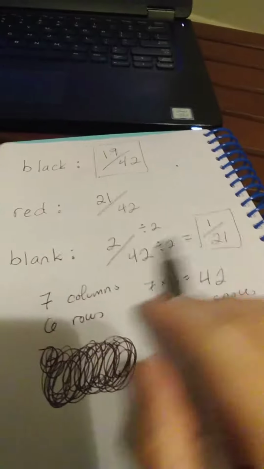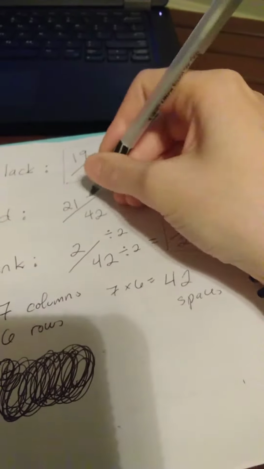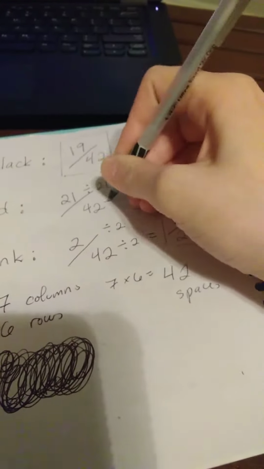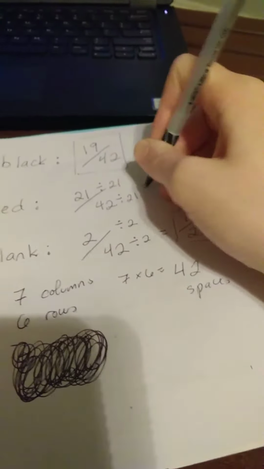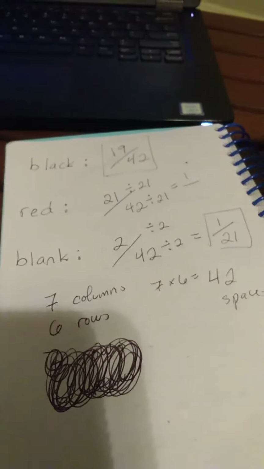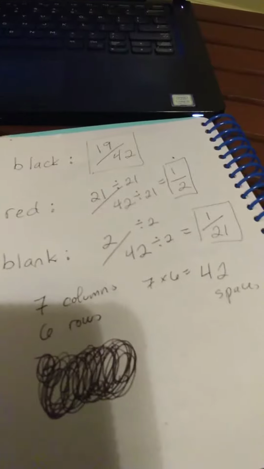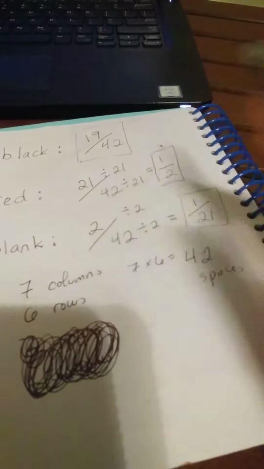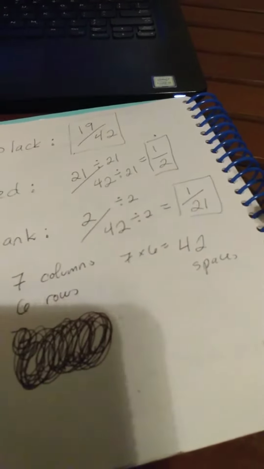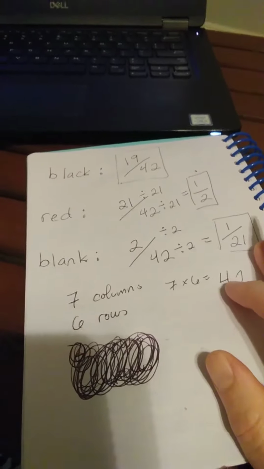If we look down here, or we are familiar with our math skills, we know that 21 actually goes into both. 21 divided by 21 is 1. 42 divided by 21 is 2. So it is 1/2. If you were not sure of this, you would divide by 3 first, or divide by 7, and then you could simplify again and keep simplifying. So that is our answers to the Fraction Friday warm-up.